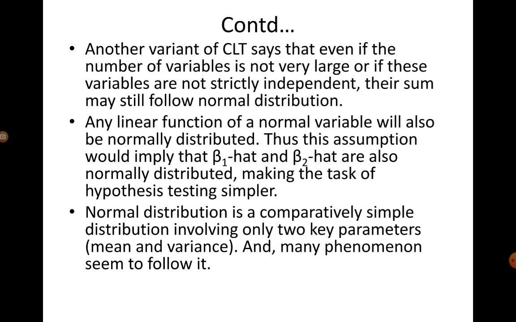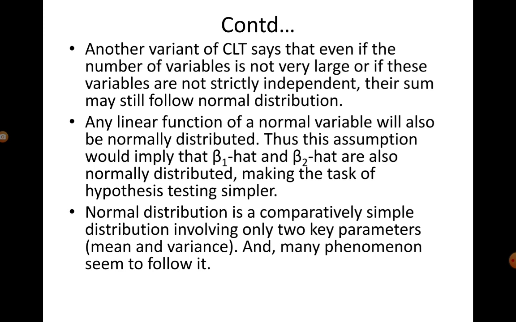So if we make an assumption that the error term is normally distributed, I can automatically make the same assumption that my estimators beta 1 hat and beta 2 hat are also normally distributed. This makes hypothesis testing much simpler. Our next chapter is going to deal with all these sorts of hypothesis testing, right?